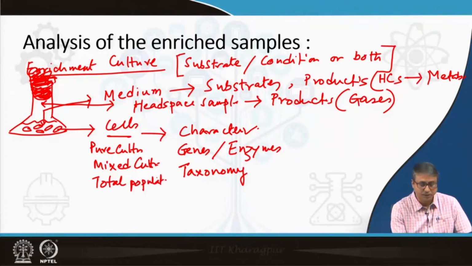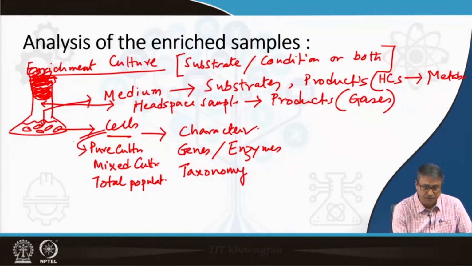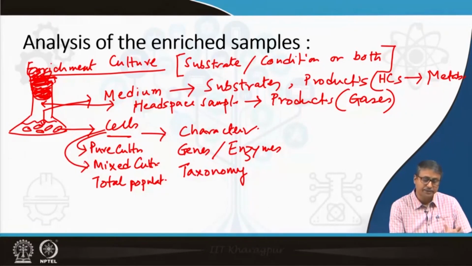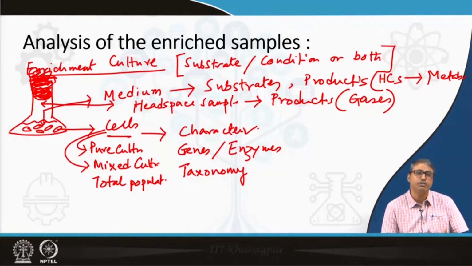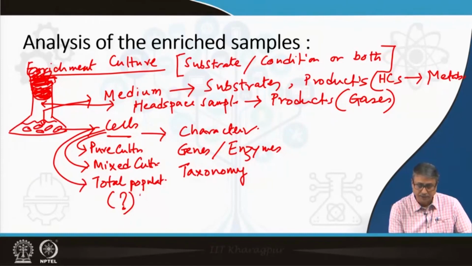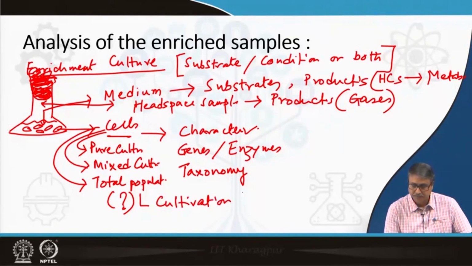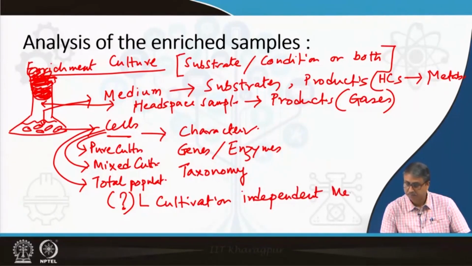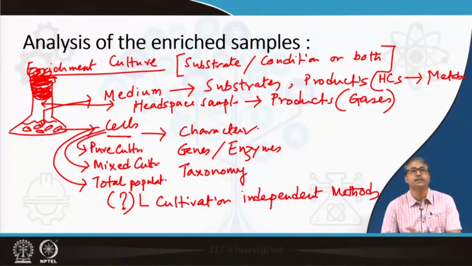So, we are able to isolate some pure culture, or we have enriched a mixed culture, or, as I said earlier, some or many organisms will not be cultivable even from the enrichment culture. So, the total population of the enrichment culture can be assessed by some method, and we will discuss this method. This will be done by the cultivation independent method. That we will discuss later.